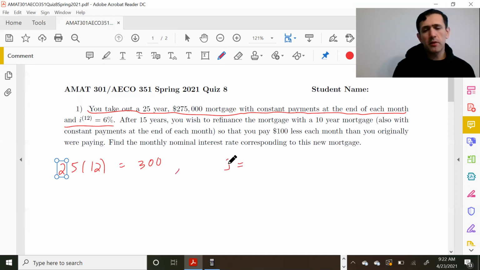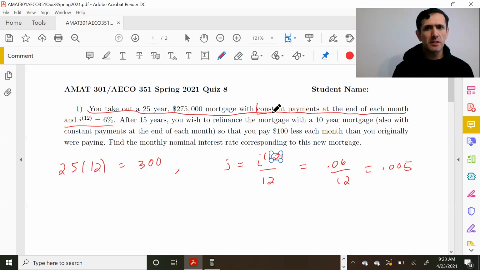The per period, per month interest rate: we're given I-12 is 6%, so it's just I-12 over 12. I really like to give you fairly easy to work with interest rates. So 0.06 over 12 is 0.005.